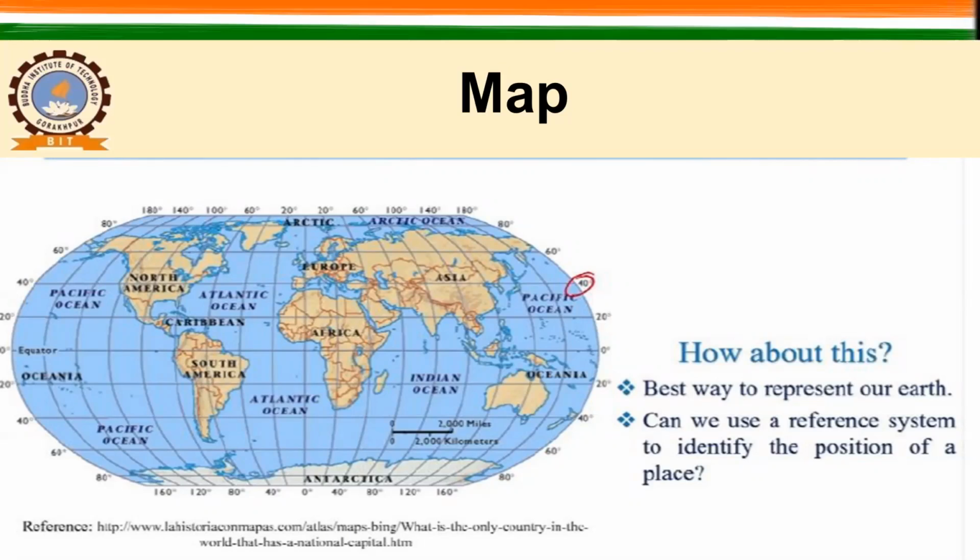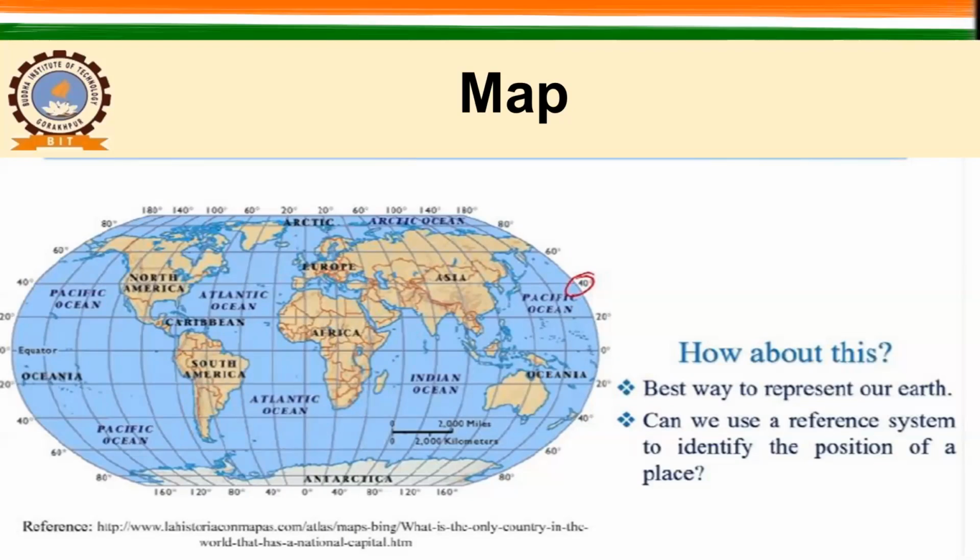Here you can easily find out the position of any given location, right? This kind of representation is expected in your output map. So let us see what reference system we are following to represent this whole world in latitude, longitude, because there should be some convention by which we are identifying a particular location or position.